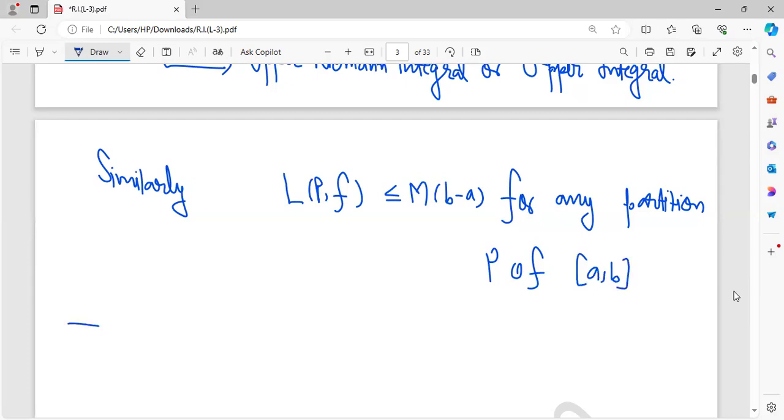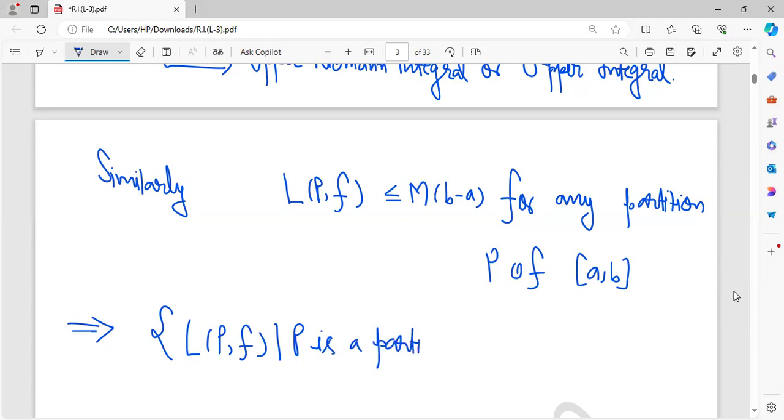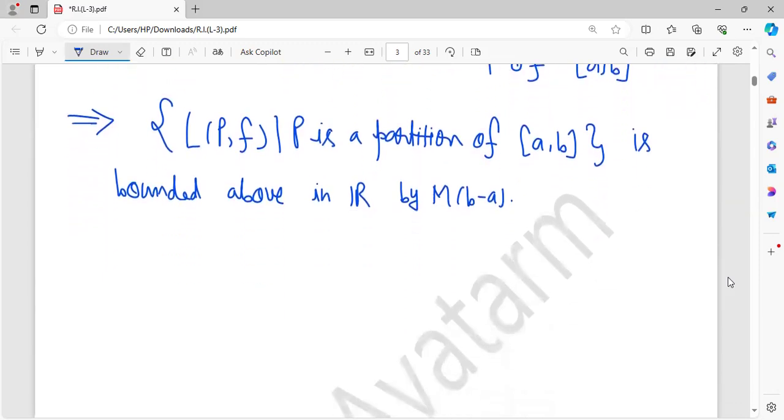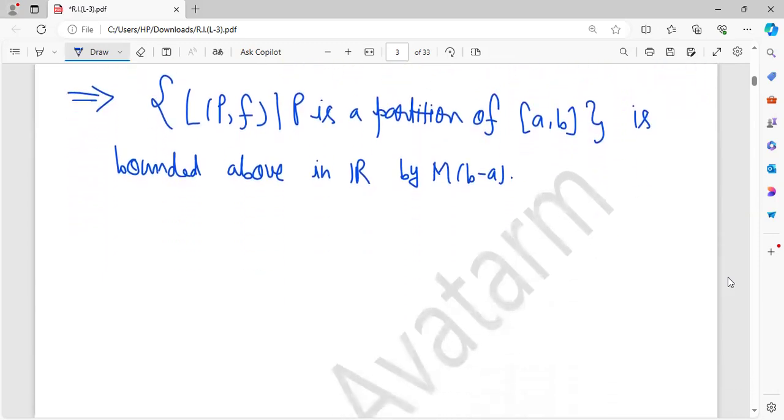So this implies the set of L(P, f), where P is a partition of [a, b], is bounded above in R by capital M times (b minus a).